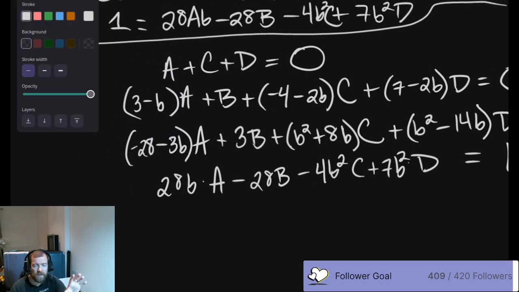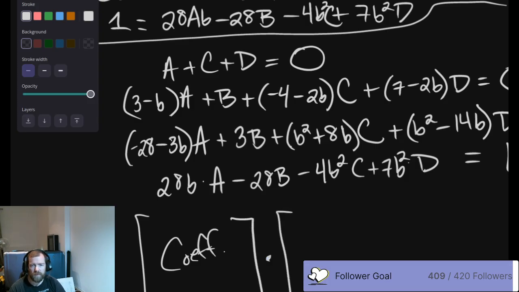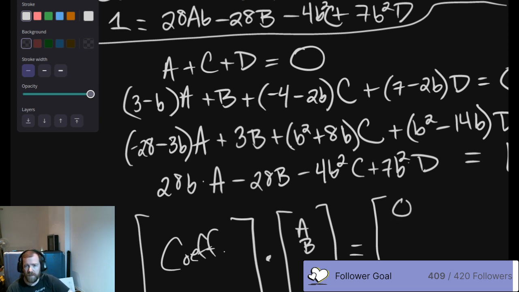Okay, so over here, what we're doing now is we've got this coefficient matrix, which then we can multiply by our vector for our variables. And over on the right, what we have is all of the numbers that we get, all the results that we end up with.